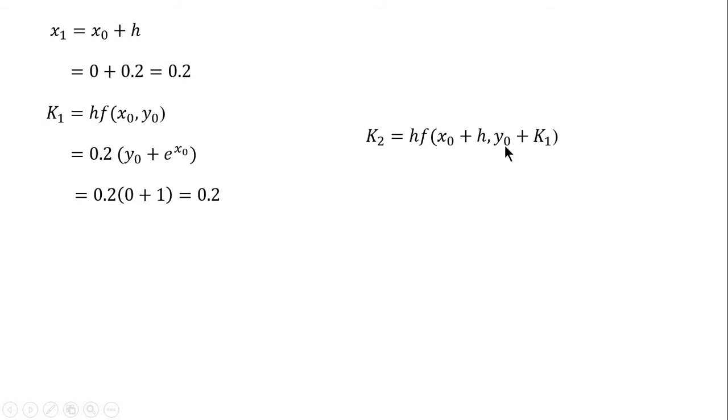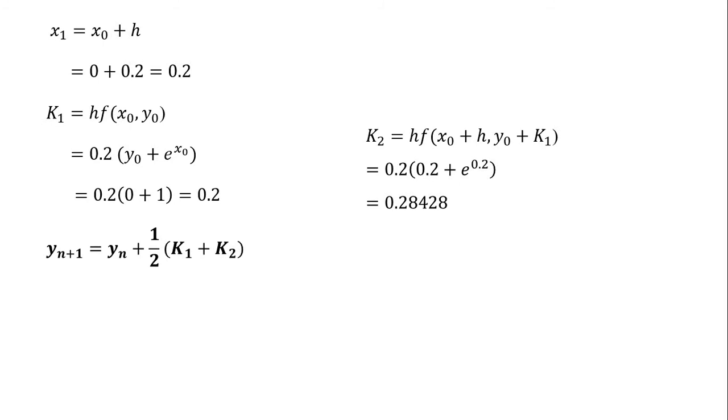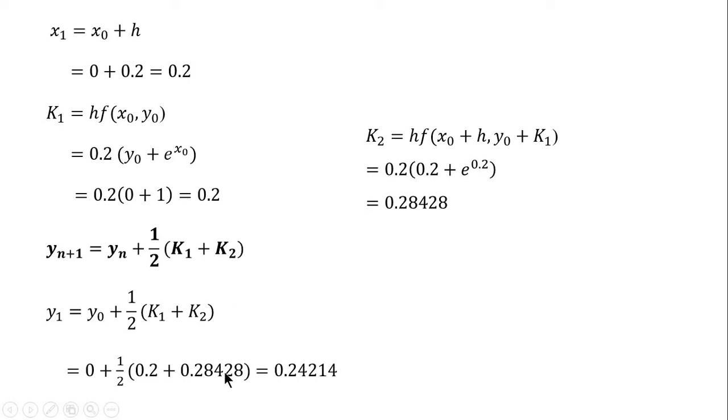So 0 plus 0.2 is again 0.2. So here x is 0.2 and also y is 0.2. Substituting in our function f of xy, which is y plus e raised to x, we get k2. Once we get k1 and k2, we can find out y1 using the formula y0 plus average of k1 and k2. Thus we have obtained y1 corresponding to the value of x1.